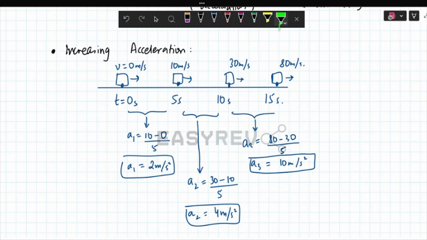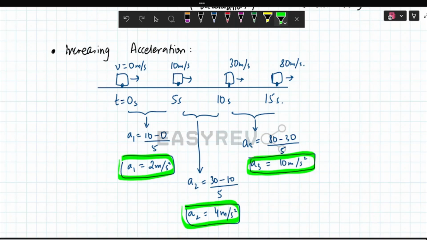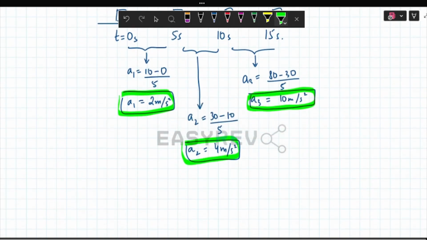See how the value of acceleration itself is increasing as well, meaning the object is not accelerating uniformly, but rather its acceleration continues to increase, which is obvious from the fact that the changes in velocity also increase with time. This is precisely what we call increasing acceleration.